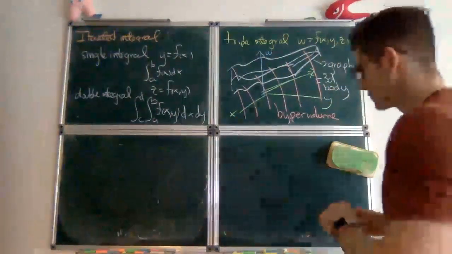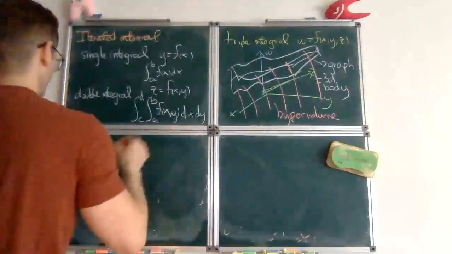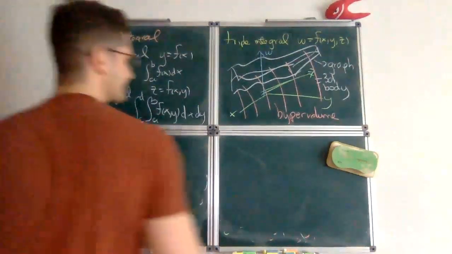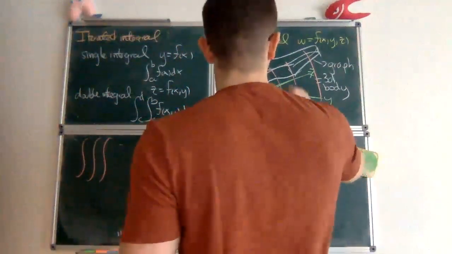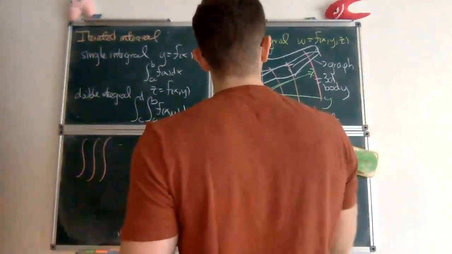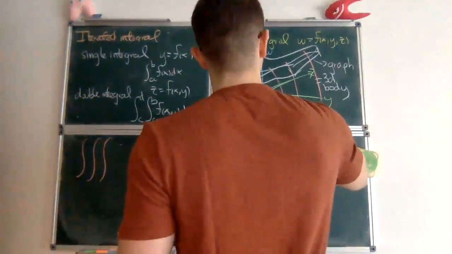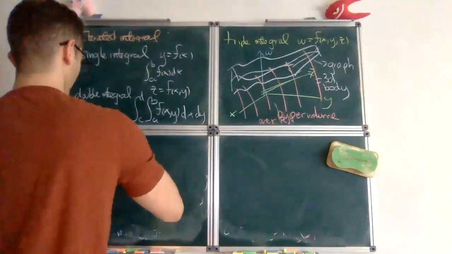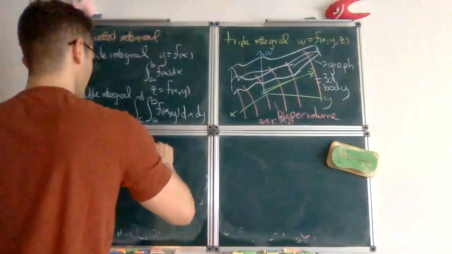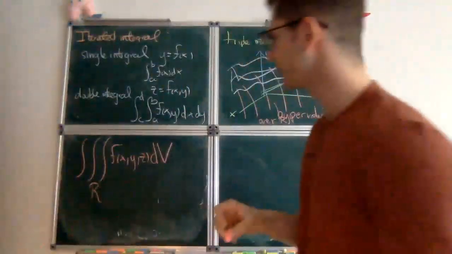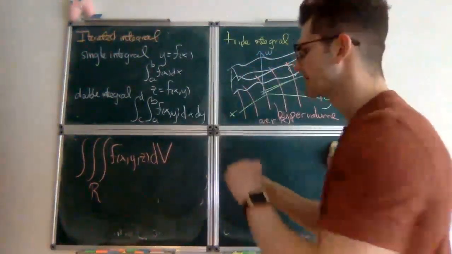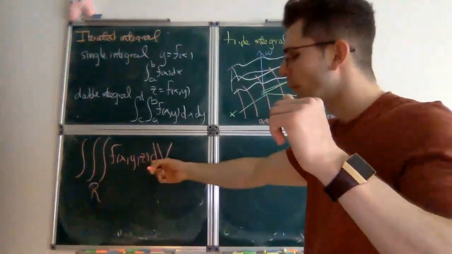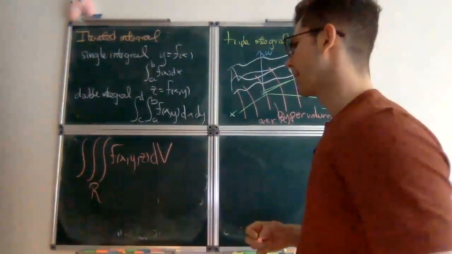And what you would like to say is that that's what is being represented when you do an integral. Let's say you're integrating this hypervolume over some 3D region R. So again, you imagine that you're approximating this by boxes of height f and small volume dV, okay?